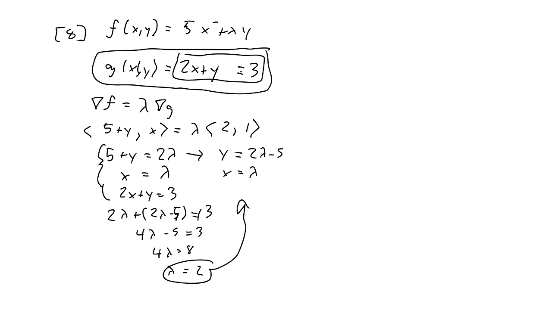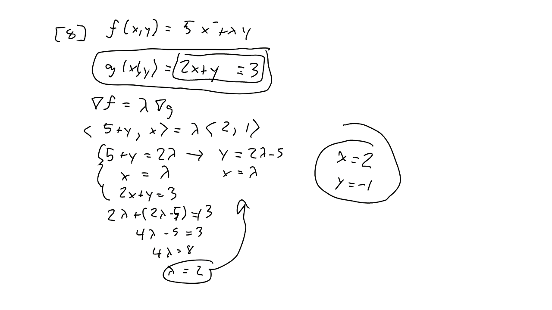So now let's plug back in. X is equal to lambda, so that means that x is 2. And y is 2 lambda minus 5, so that means that y is negative 1. So that's going to be the location of the extreme value. And then to find the value, I need to plug back into f.